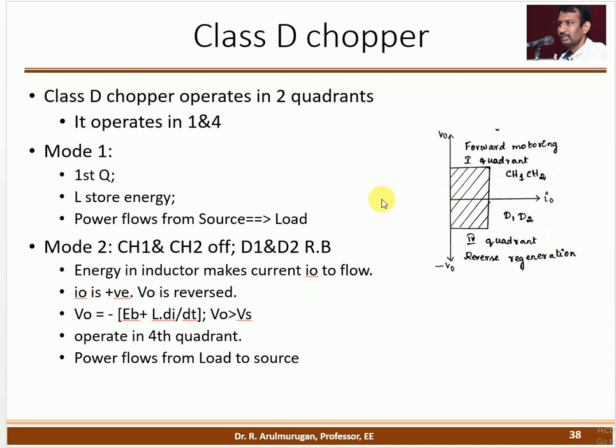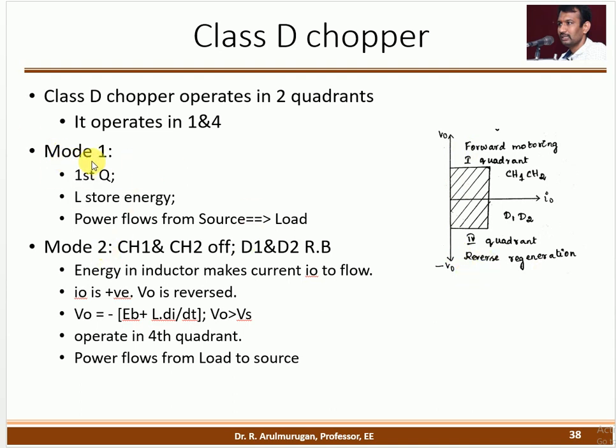Suppose positive voltage and negative current means it is the second quadrant, forward braking. Here the current is positive but the voltage is negative, so due to the negative voltage, reverse braking. That's all.